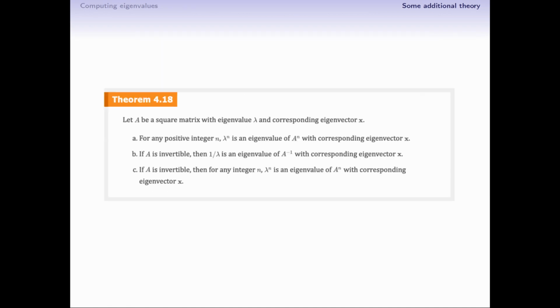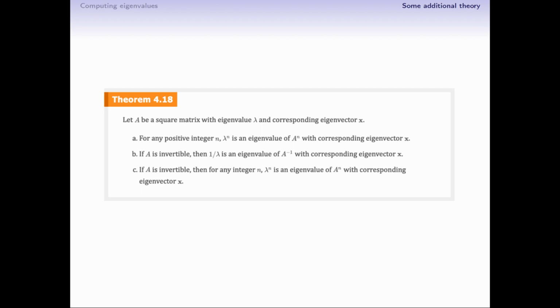Now, our next main theorem, theorem 4.18, says let A be a square matrix with eigenvalue lambda and corresponding eigenvector x. Statement A says for any positive integer n, lambda to the n is an eigenvalue of A to the n with corresponding eigenvector x.